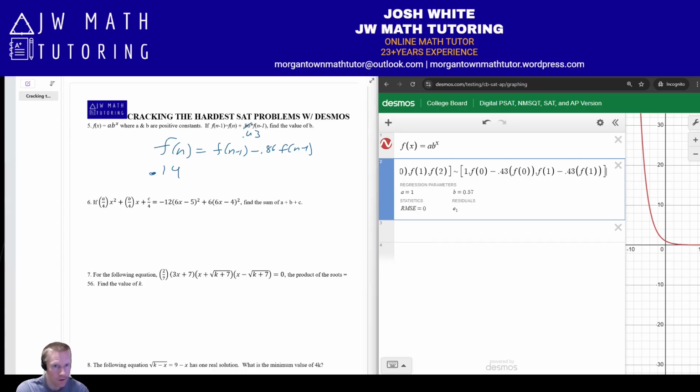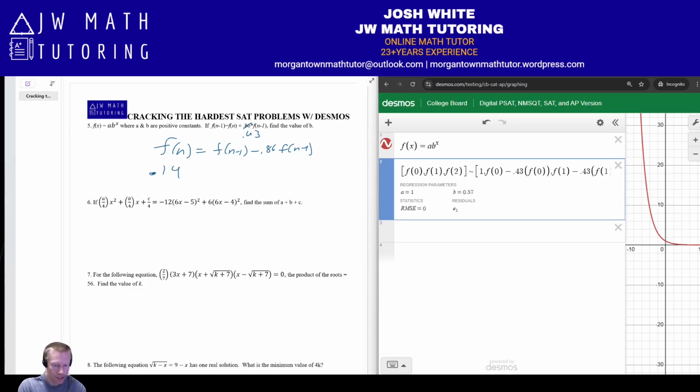So this is basically showing you how you can regress x values to y values, and specifically do them in terms of f of something, f of a value, f of 0, f of 1, and you can define them in terms of each other. So that's what's special or unique about what I'm doing here. I'm telling it that f of 0 is 1, so I have the point 0, 1, right?